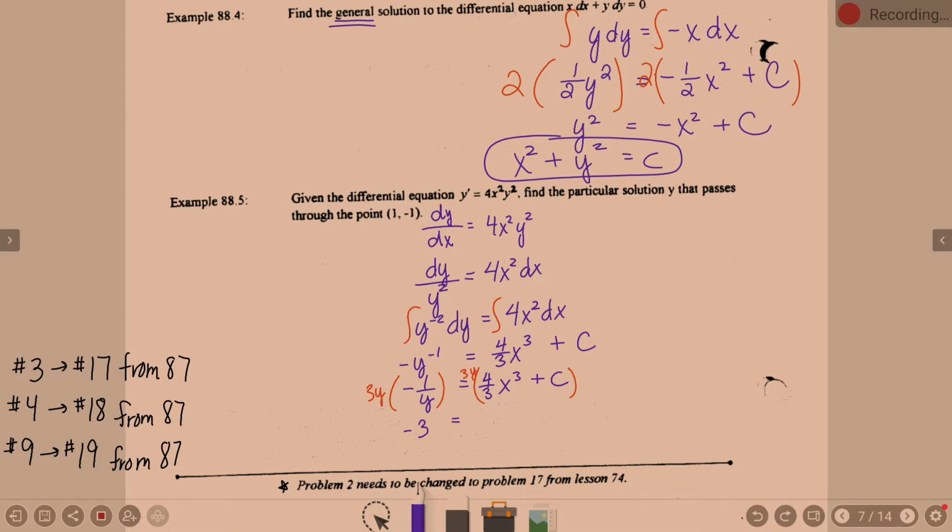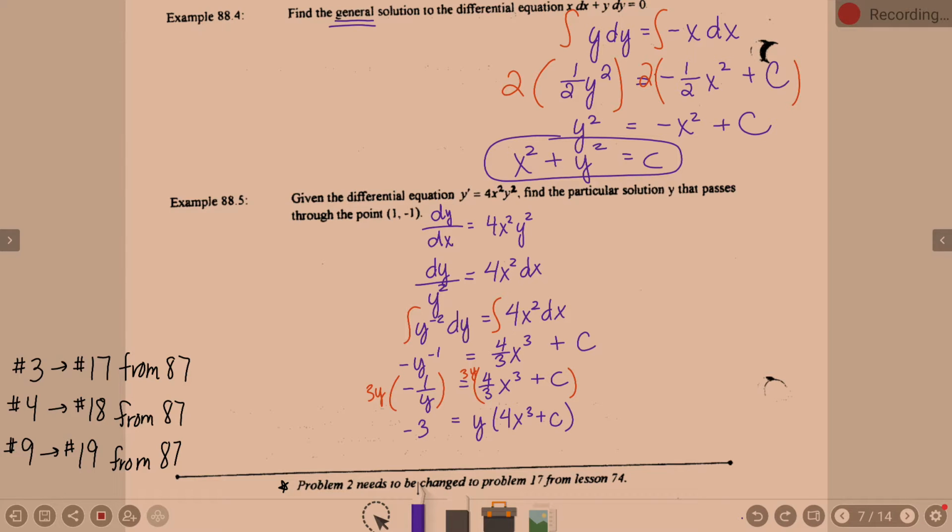On the right, remember that plus c is just going to kind of hang as a plus c. When you do 3 times the 4/3, the 3 will cancel, yes? And so I don't really want to multiply that y fully in. So I'm going to write this, the 3's cancel, as y times the 4x cubed plus c.